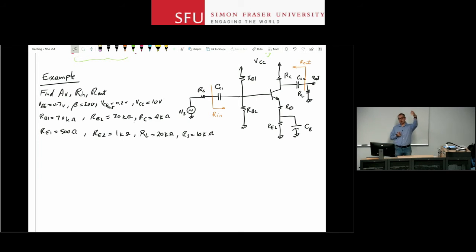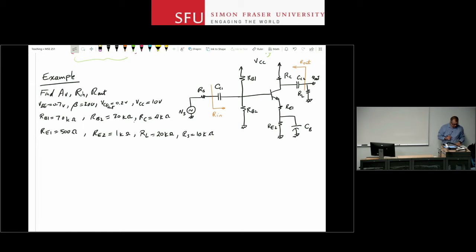For DC it is RE1 plus RE2. For AC you only have RE1 left, and its bottom side is grounded. So that's called the bypass capacitor. I'm bypassing RE2 for my AC behavior, but I need RE2 for the DC stability issues that we mentioned before.